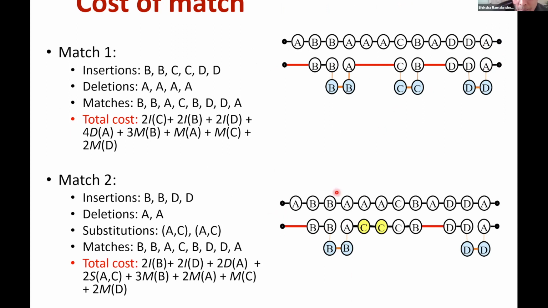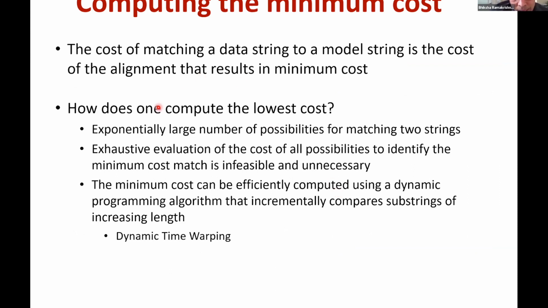So the number of possible ways of aligning the one to the other is exponential in the length of the string. This means that if I want to find the alignment which results in the lowest distance, if I did this naively, I'd have to search an exponential number of possibilities, which doesn't make sense.